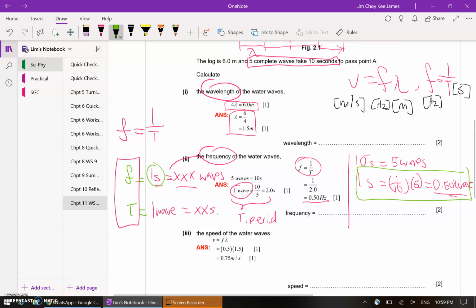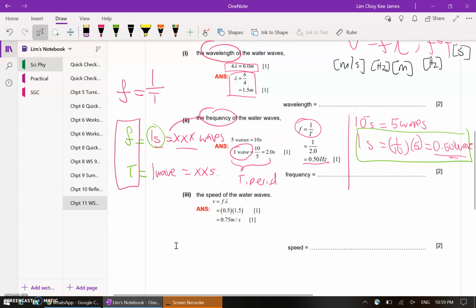So bear in mind, do not rush down to use the formula. It's important to know the properties of the wave itself, like what you mean by wavelength, frequency, period, amplitude, before you use the formula. Once you understand the concept behind the properties, the questions will be more approachable.